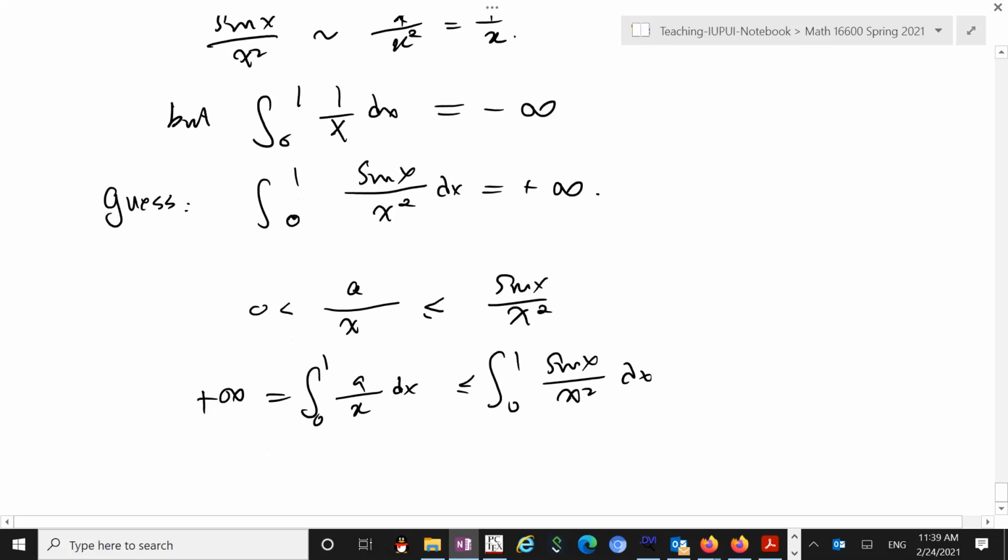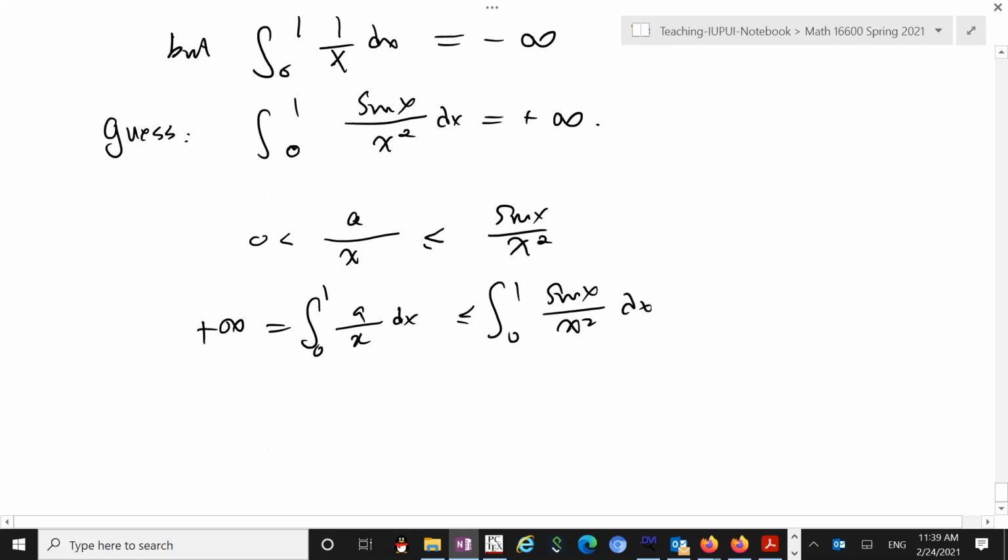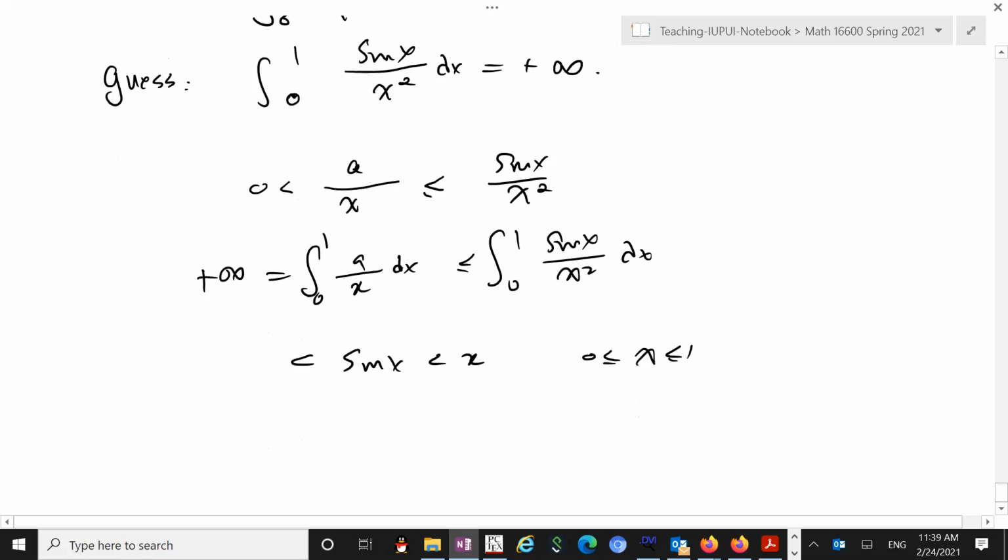So you have to get a lower bound for sine x. Do we have a lower bound for sine x? The answer is yes. I know sine x is less than x, but how can I get a lower bound for x between 0 and 1?